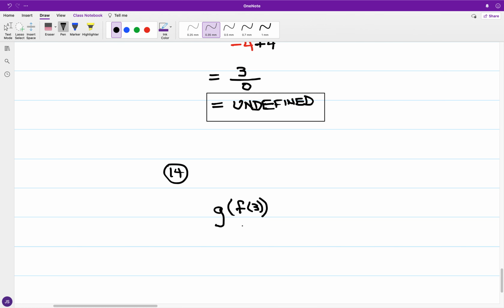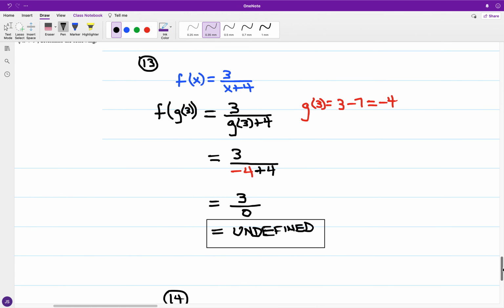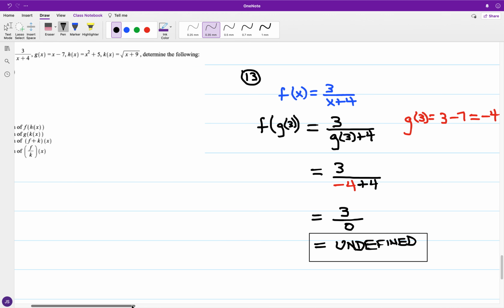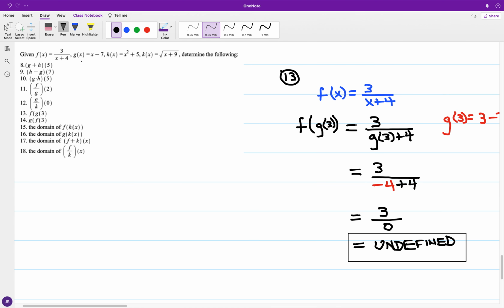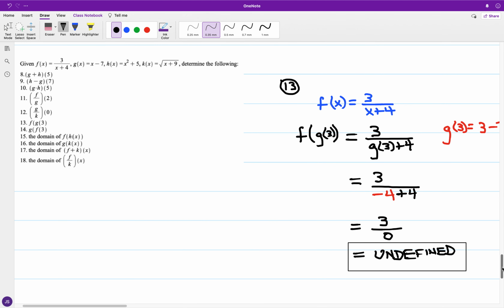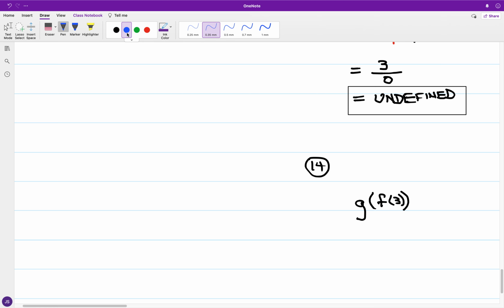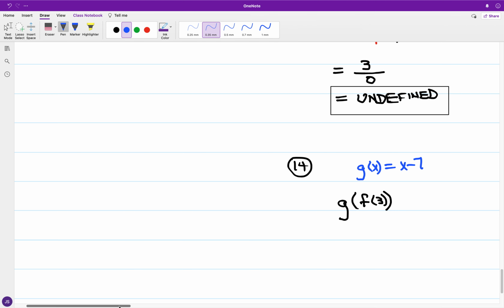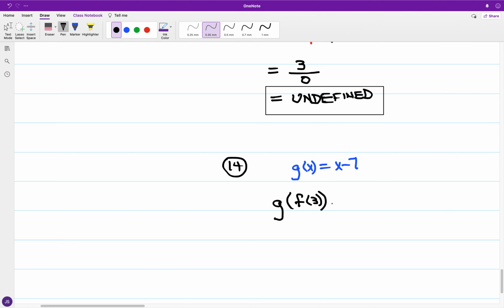Okay, so for g of f of 3, we have our output function in accordance with g of x, okay, so we have x minus 7. So for g of f of 3, this is going to be f of 3 minus 7.